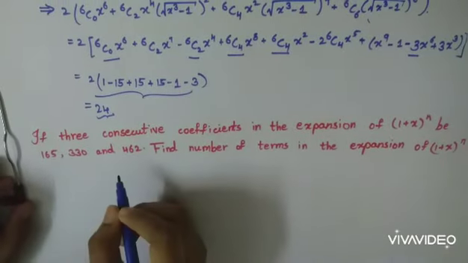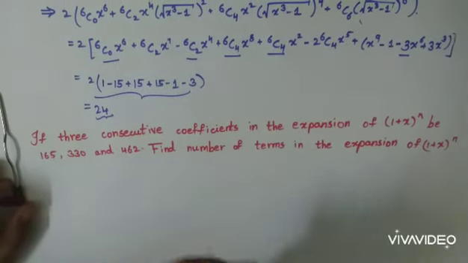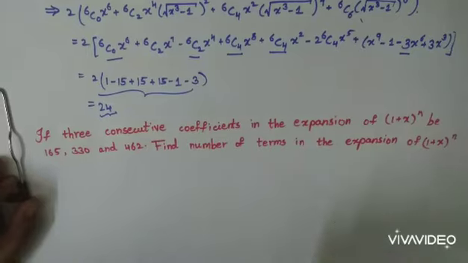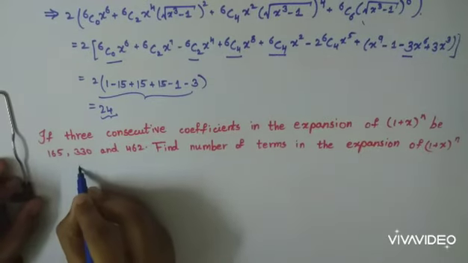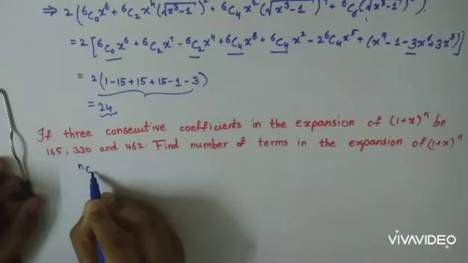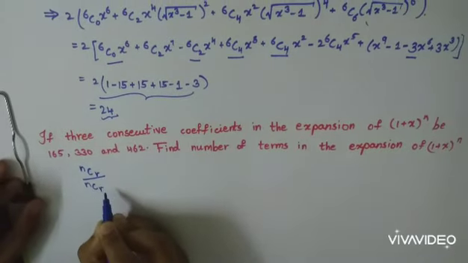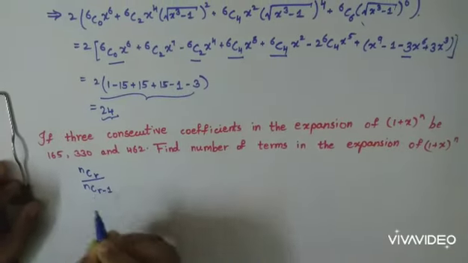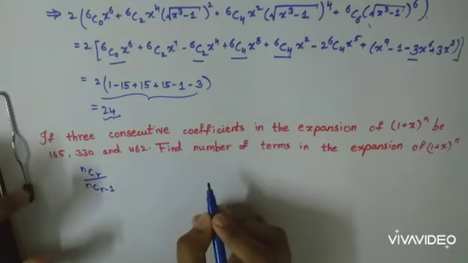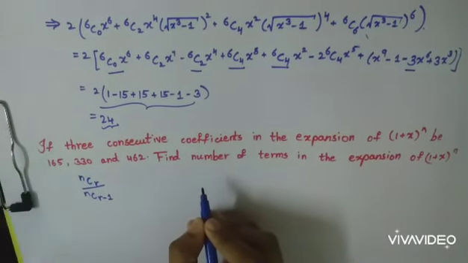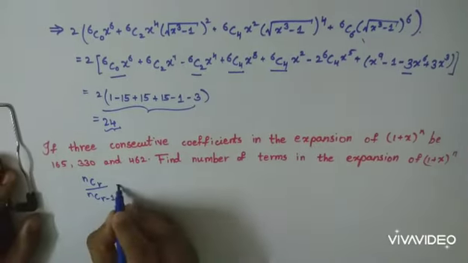In any binomial expansion, if we want to find the ratio of two consecutive coefficients, we can use the formula nCr / nC(r−1), where nCr and nC(r−1) are the binomial coefficients of two consecutive terms.